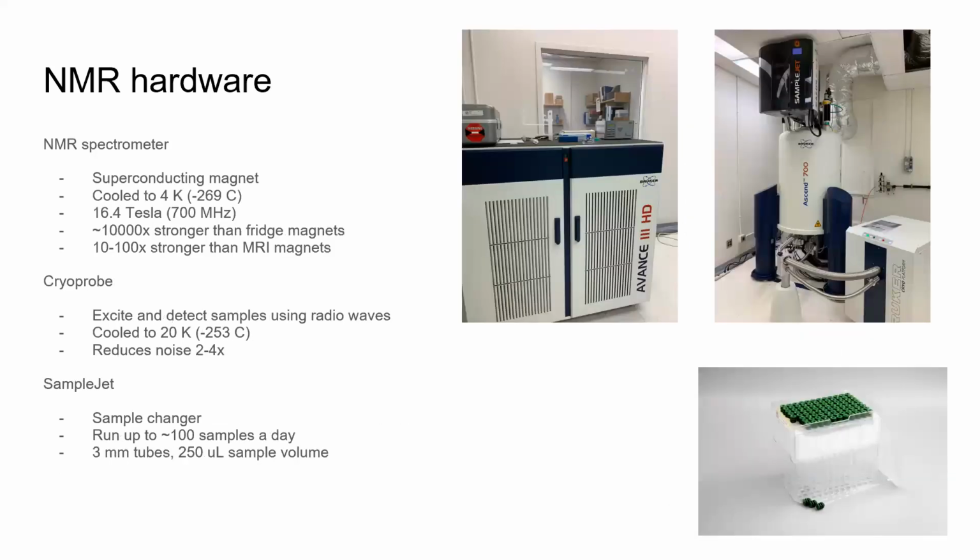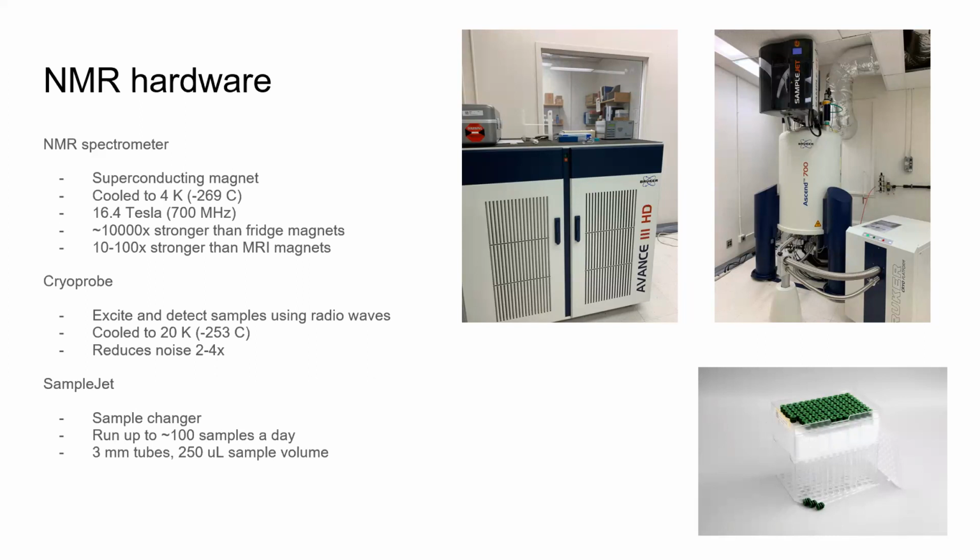This is a picture of our NMR machine. The NMR spectrometer is a superconducting magnet. It's the cylinder in the upper right picture. It's cooled to 4 degrees Kelvin, and it's a 700 megahertz spectrometer.